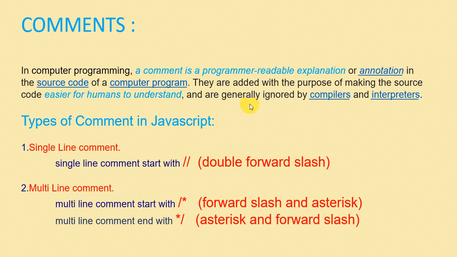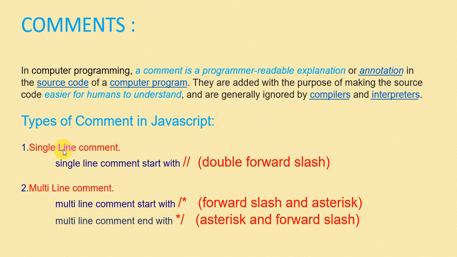Comments are generally ignored by compilers and interpreters. I have just discussed what a compiler and interpreter are: they are the middlemen of your language which convert your programming language into machine language. So the compiler will not execute these lines.